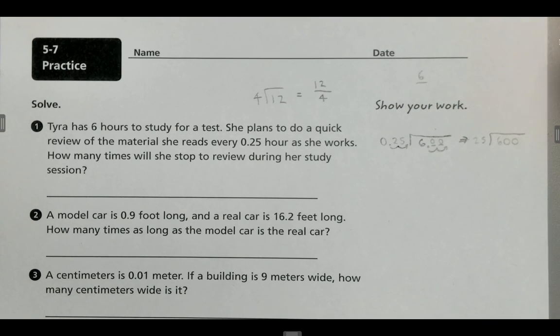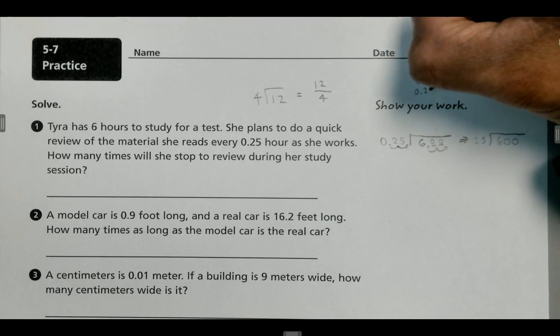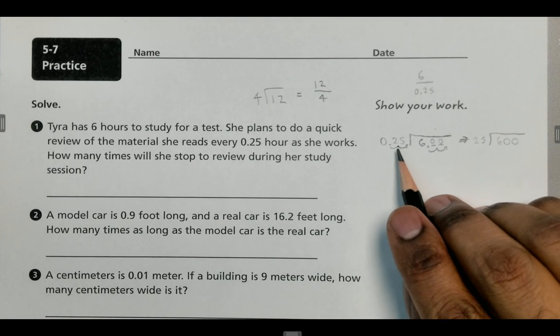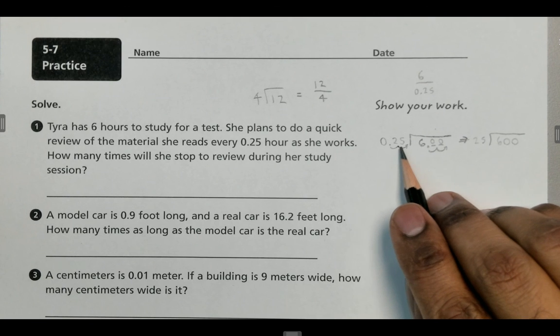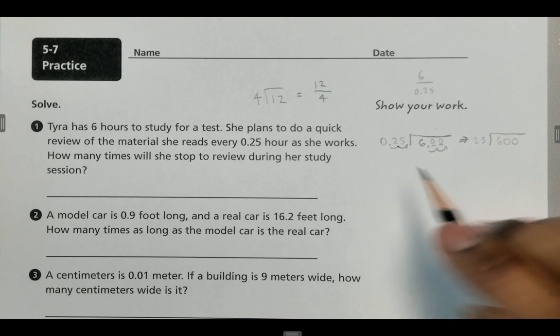Now, let's see this in action using these numbers. 6 was my original dividend, and 25 hundredths was my original denominator. Remember, with equivalent fractions, what we do to one side, we must do to the other. So in this case, I needed to push a decimal point out 2 places to the right, whoop, whoop, to change this into a whole number, which is like multiplying this by 100.